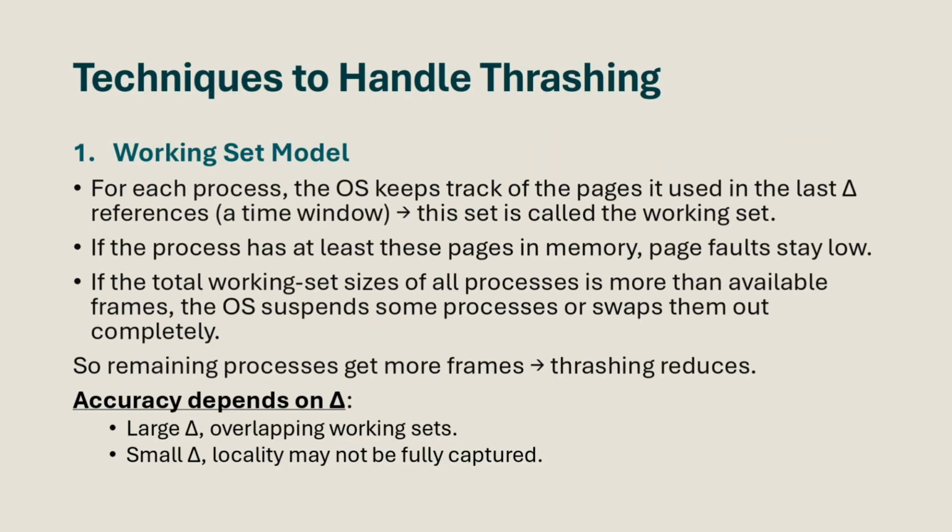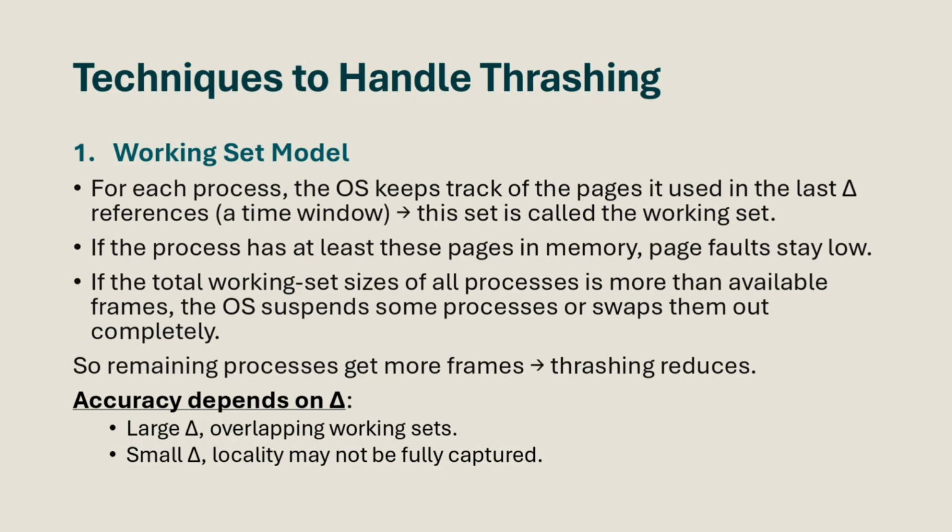There are two techniques in handling thrashing. The first one is the working set model. In the working set model, for each process, the operating system keeps track of the pages it used in the last delta references. So this delta references is a time window, and this set is called the working set.